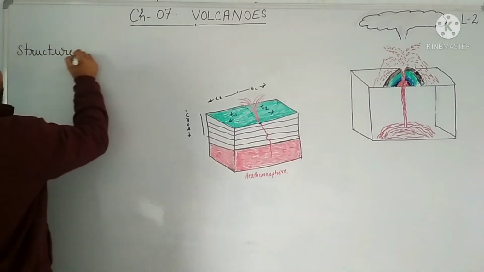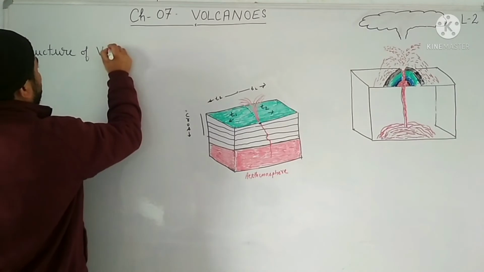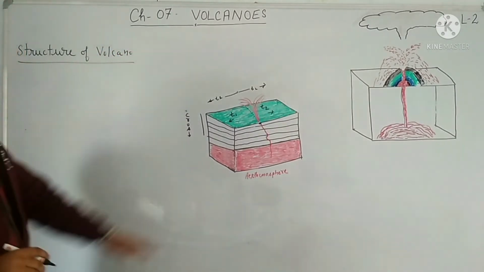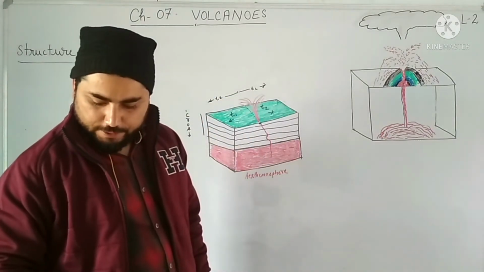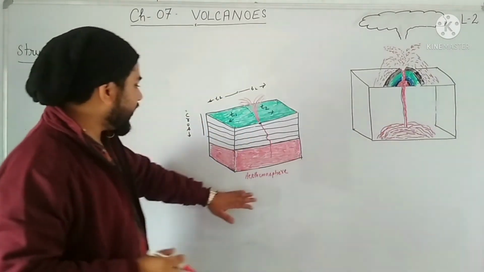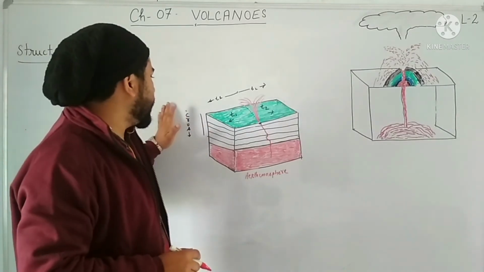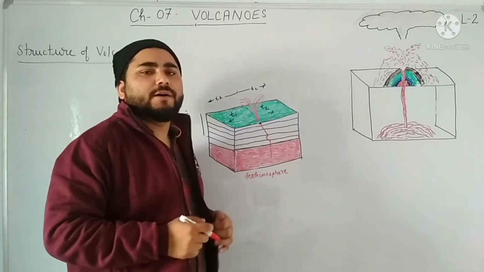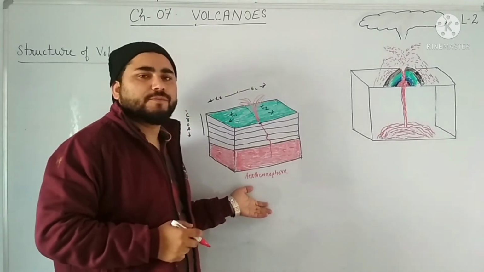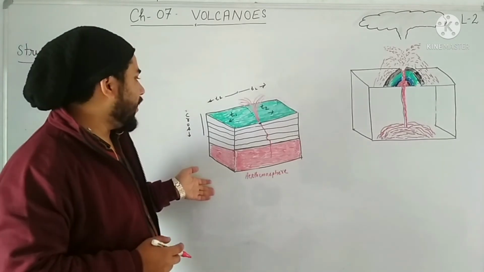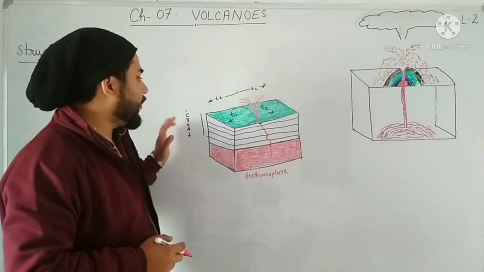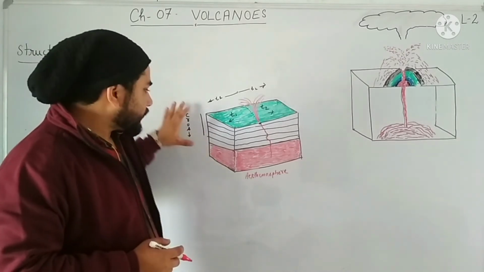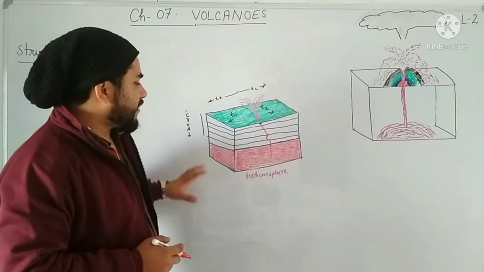I have drawn two pictures for you already, and I have told you how volcanicity takes place. Volcanicity means the process of emergence of hot lava or magma from the Earth's asthenosphere. So that process I have already explained.